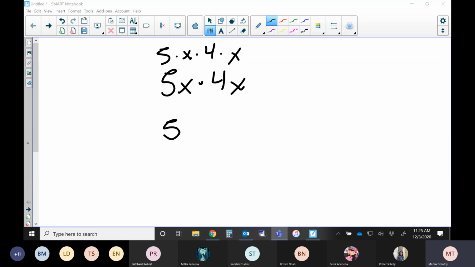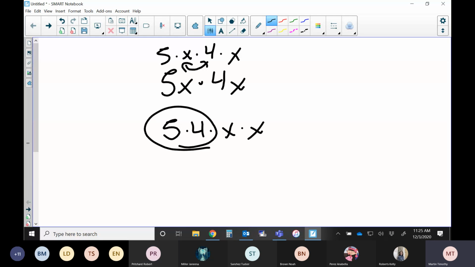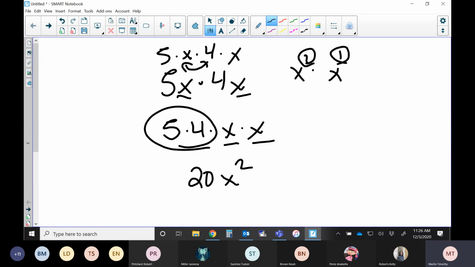And so what does that mean? I can reorder the x and the 4, so I can put it like that. And what happens when I have 5 times 4? 20. And then what's x times x? X squared, because when we have the same base and we multiply them, we add their exponents. So 1 plus 1 is a 2.